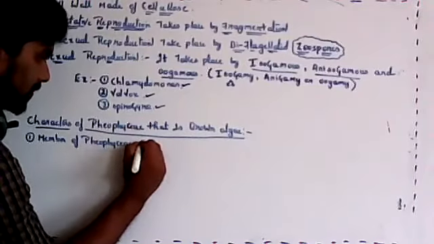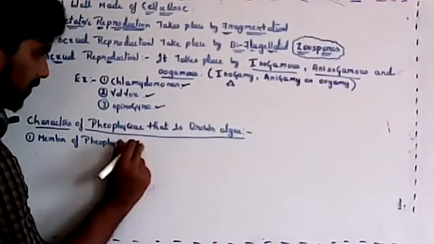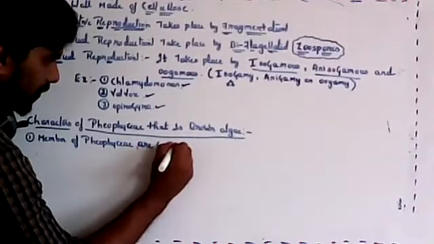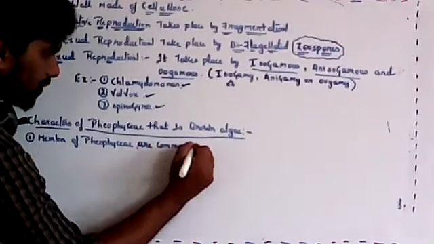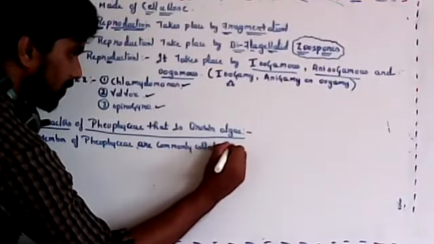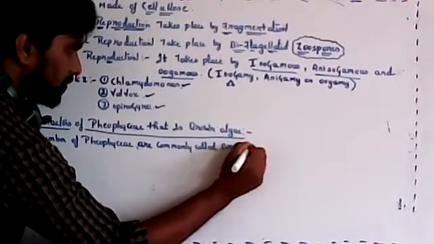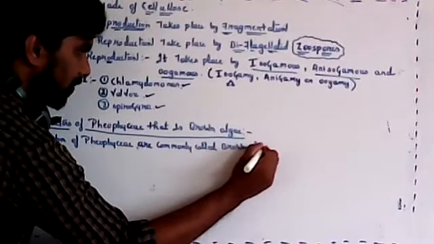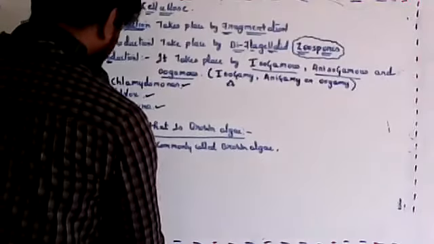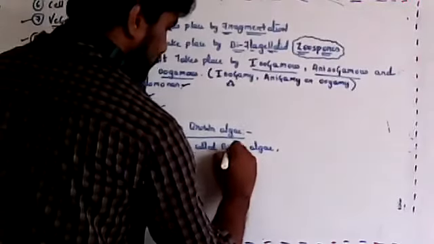Members of Phaeophyceae are commonly called brown algae. So they are commonly called brown algae. They are only found in members of Phaeophyceae, commonly called brown algae.